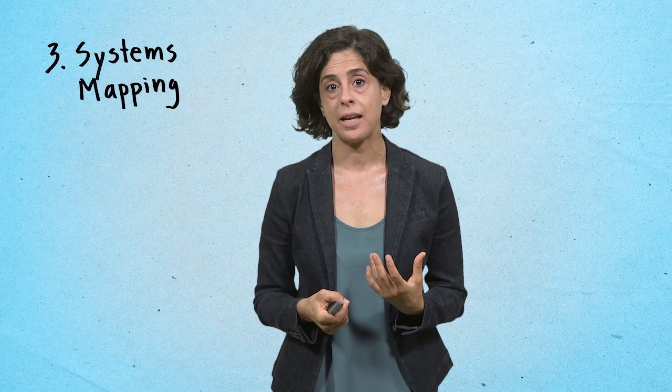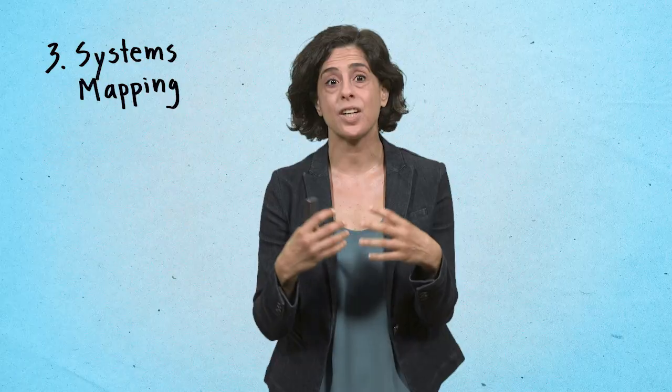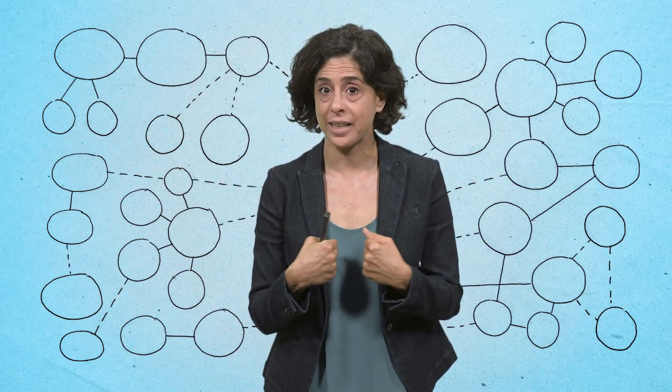All right, next it's on to systems mapping. So a system includes assets, stakeholders, institutions, and the relationships between them. And we talked about systems thinking in the last module, right? We mentioned how important it is to understand that each and every social or environmental challenge is part of a complex web of factors and stakeholders that are interrelated.